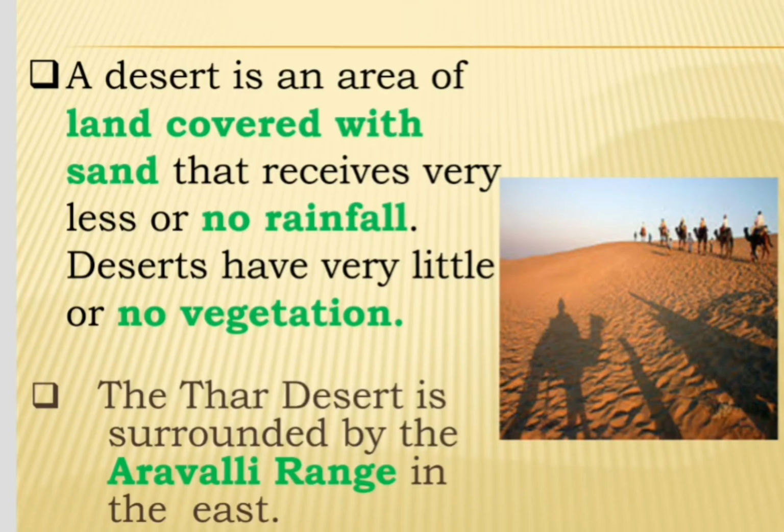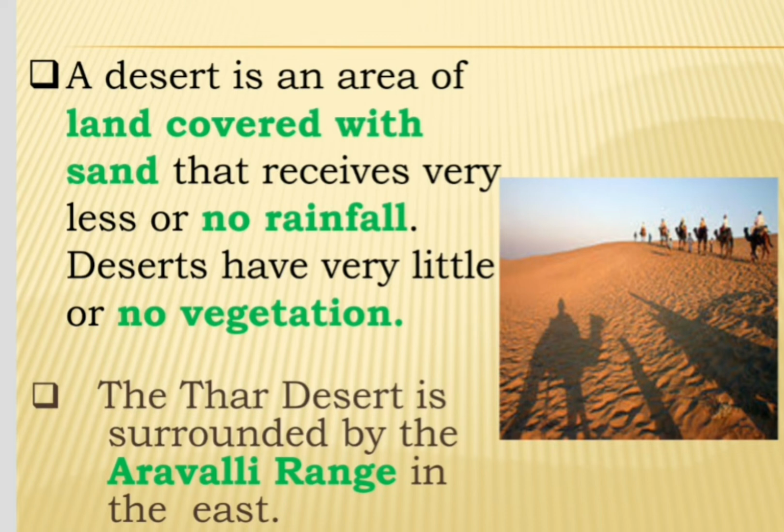What is a desert? A desert is an area of land covered with sand that receives very less or no rainfall. Deserts have very little or no vegetation.